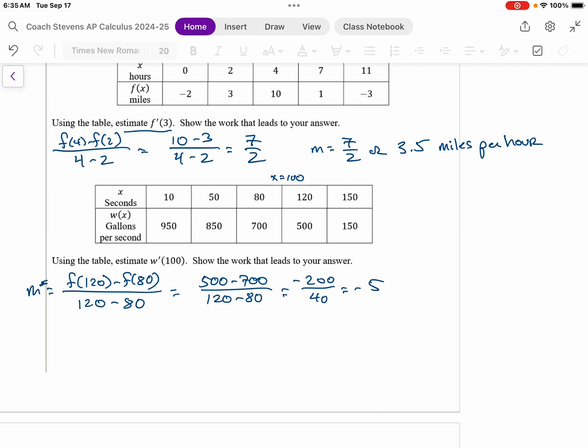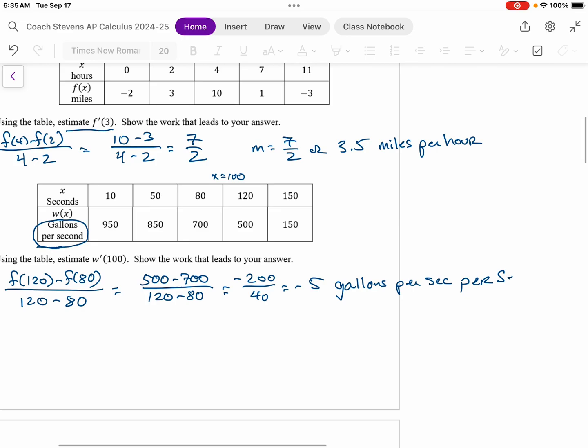Now here's the key thing with the units. As we look at it, the y value is already a rate, gallons per second. So as we write our units, this would be gallons per second, and then another per second because we divided by the x value.